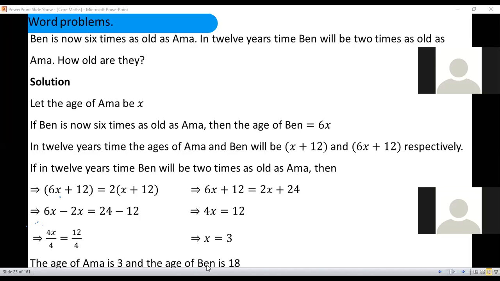Now the idea of making x the subject, we divide both sides by 4. That will give us 4x divided by 4 is equal to 12 divided by 4.